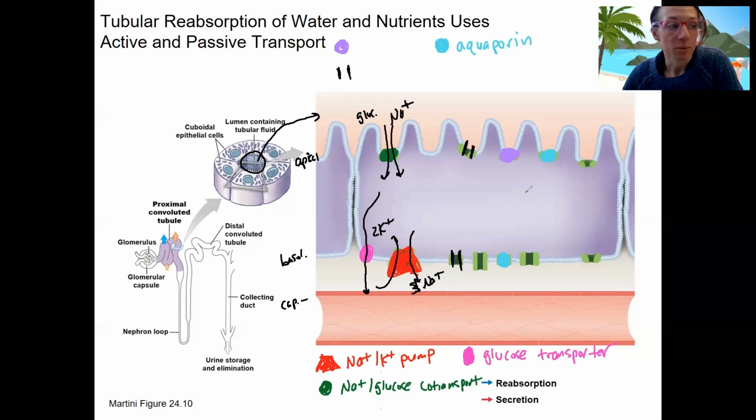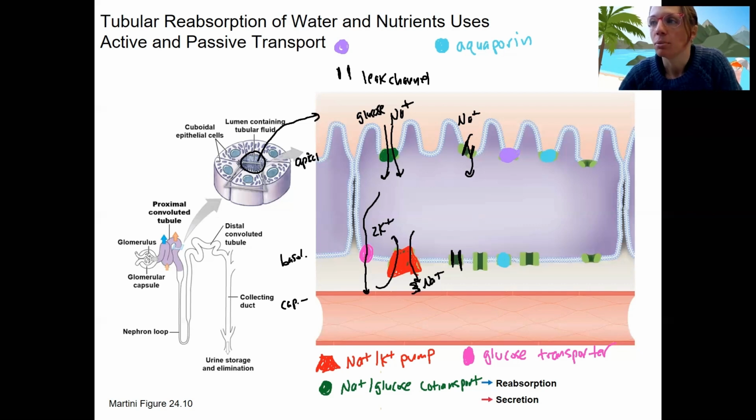Amino acids and some vitamins, some other ions are going to be the same mechanism as glucose. We've also got sodium moving in through some leak channels. So this is a leak channel. Leak channels could exist for various ions. This is a leak channel for sodium because sodium is moving through it. I've got another leak channel shown down here.